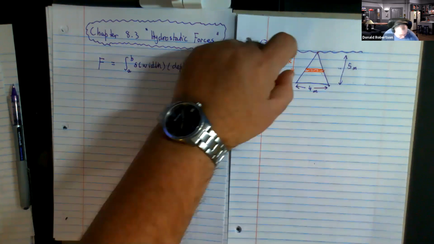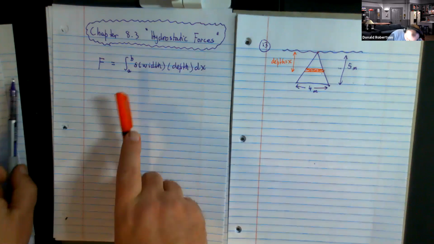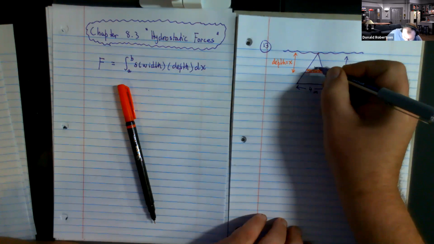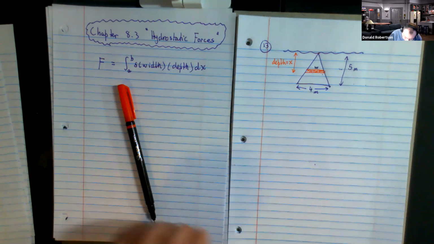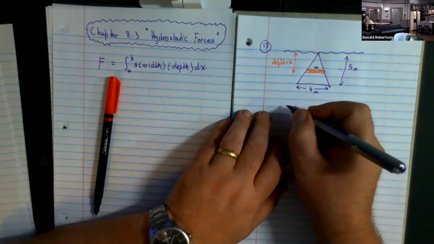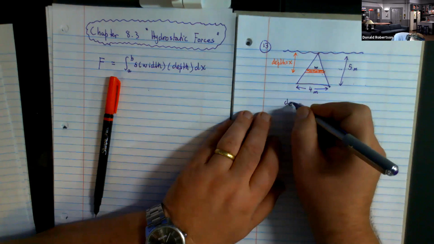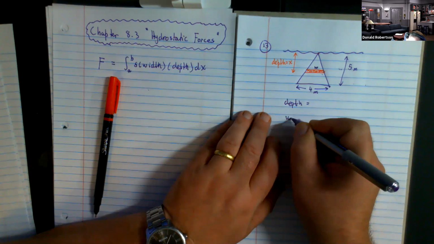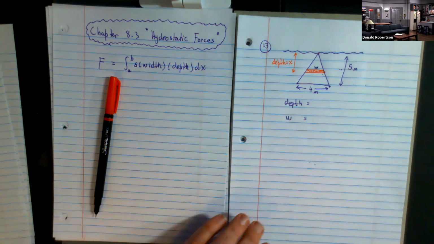And in this situation, I'm going to call that X as well. And the distance from here to here is going to be called W. And we know from previous questions that we need to find out what the depth is in terms of X and what W, the width, is in terms of X.